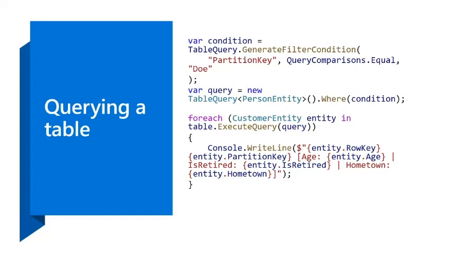Now to query a table, you can issue a new query by building a query using the TableQuery.GenerateFilterCondition. You see here, you generate a new query using GenerateFilterCondition where partition key, QueryComparisons.Equal to a value. So you set the condition here, and then you create a new query where the condition is true, and then for each customer entity in table.ExecuteQuery, you write down the results.